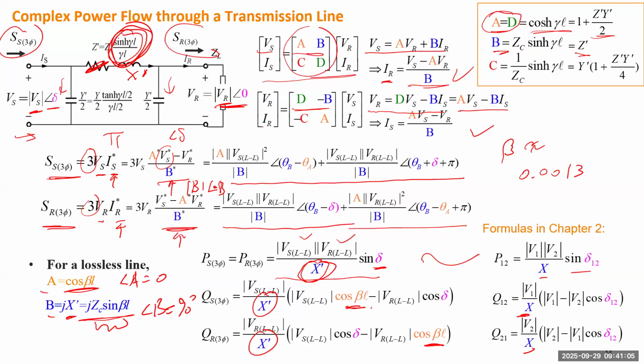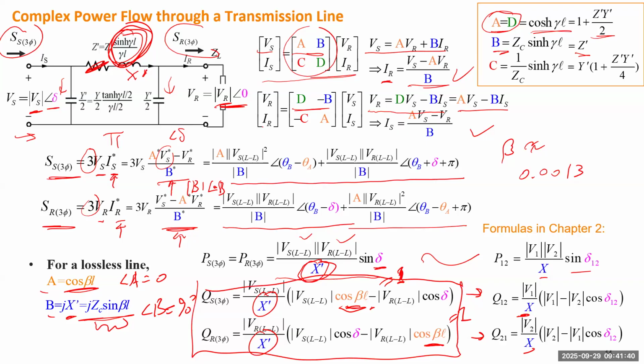But L can change. When L is very small, βL will be close to 0, then cosine βL will be around 1. So that will completely become the formula from chapter 2. But when the line is very long and cosine βL is not 1, we need to utilize those two more accurate formulas to calculate reactive power.